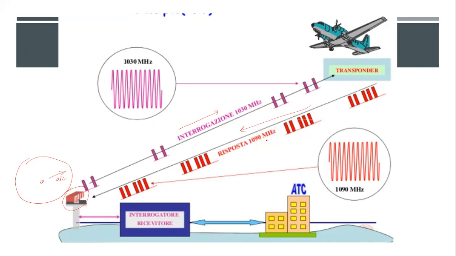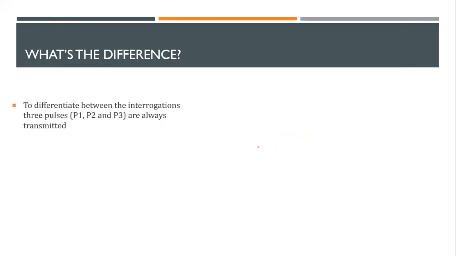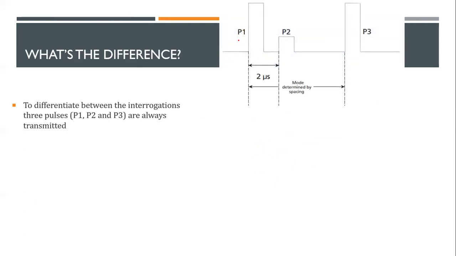I told you there's a 4-digit code. Now how is that 4-digit code embedded into that frequency? We understood that in radars, all the transmissions take place in pulses. So we have 3 different pulses here: P1, P2, and P3.